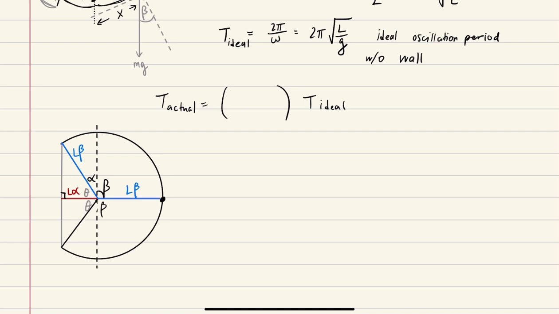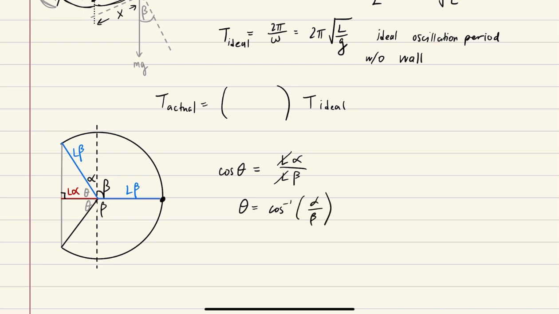So now we can find how alpha relates to beta. So using this little triangle, we know that cosine theta equals adjacent over hypotenuse. And L can cancel out. So theta equals inverse cosine of alpha over beta.